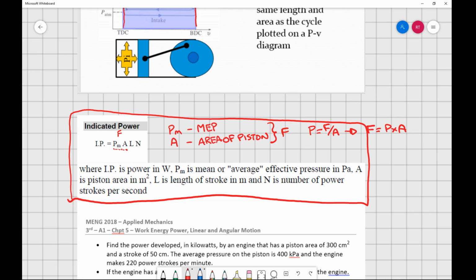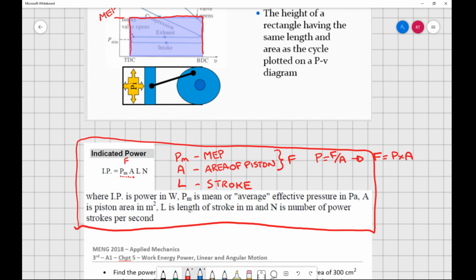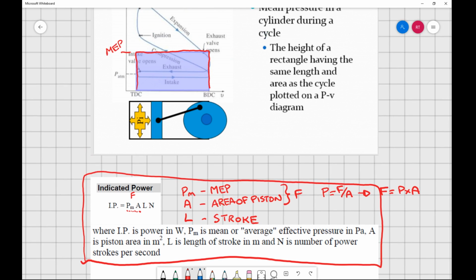Okay. Force times distance gives us energy, and L is what's known as the stroke. Okay. And the stroke is the distance that the piston moves from what's known as top dead center to bottom dead center. So as the piston moves back and forth, one length would be known as L, which is the stroke. Okay.